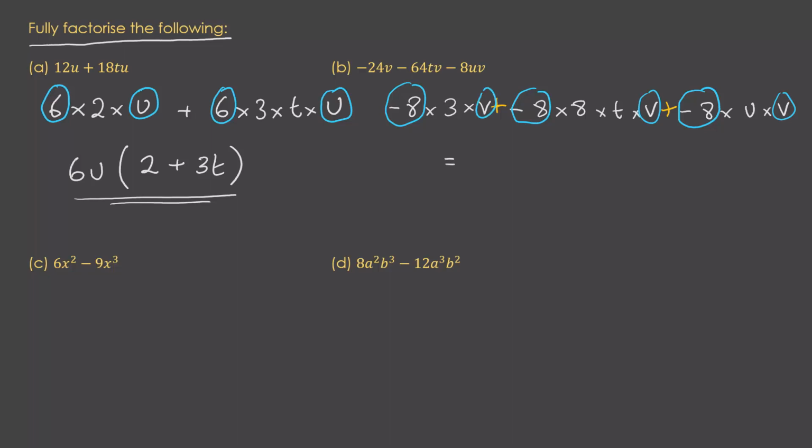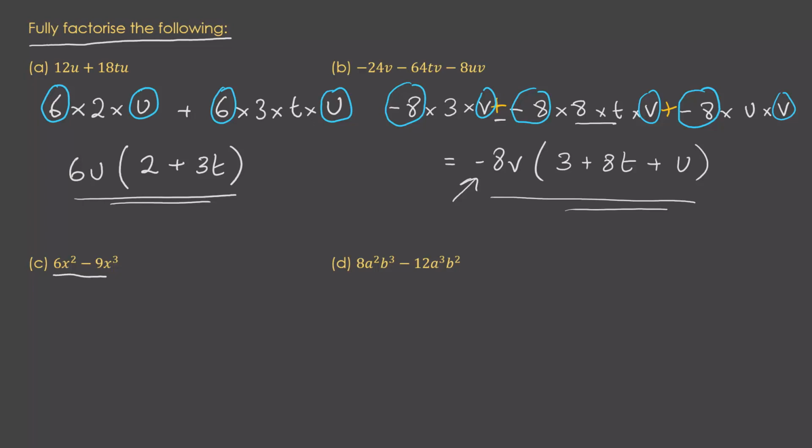So I'm going to bring out negative 8v, and then what's left is going to be 3 plus 8t plus u. Note that we followed our rule from the introduction and brought out the negative factor because everything was negative.